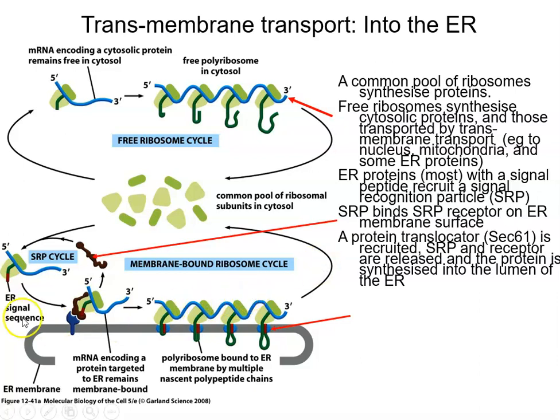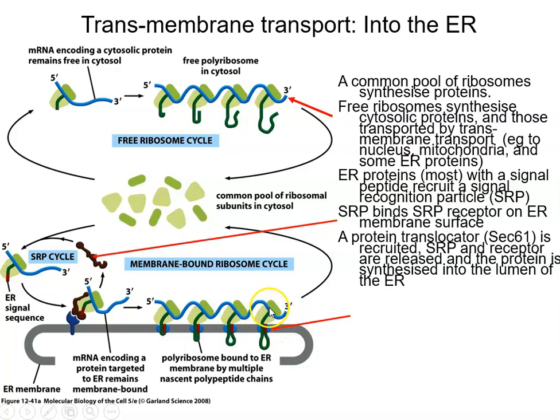What then happens is this signal sequence interacts with a translocation channel, which is this Sec61 channel. This arrow should be up here. So that interacts with the Sec61 channel, and then this allows translation to restart, and then the polypeptide chain is threaded through that Sec61 channel.